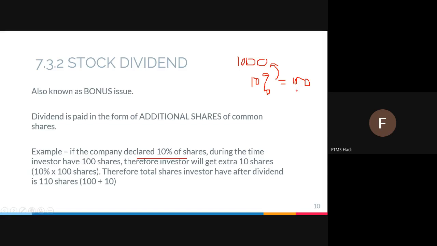So you will receive not cash, but additional stock of 100. Therefore, you will have 1,100 shares. You got what I mean? It's not cash, but additional units that you will receive.